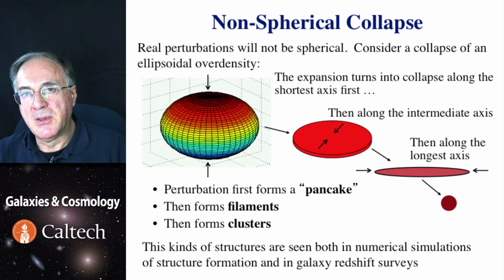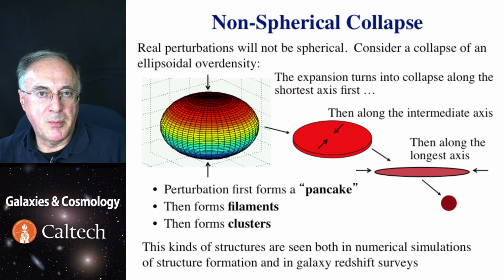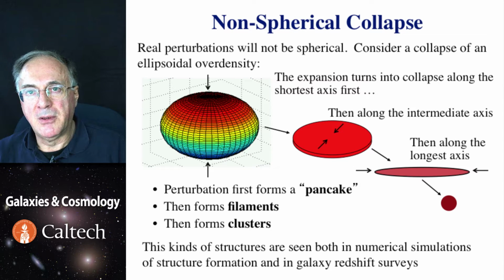Now, look what happens. At first, the perturbation expands within the surrounding universe, but then it turns around, and it will turn around first at its shortest axis, and it will start collapsing along the shortest axis while still expanding in the other two. So a three-dimensional blob will flatten itself into a pancake-like structure. And then it will turn around on the second shortest axis, and it will collapse along two axes and expand along the third one.